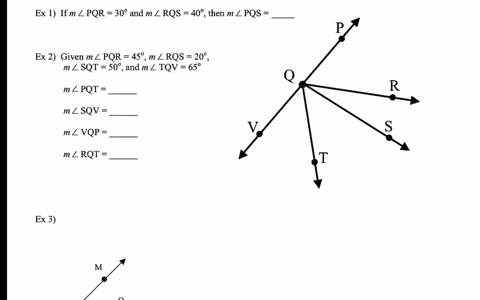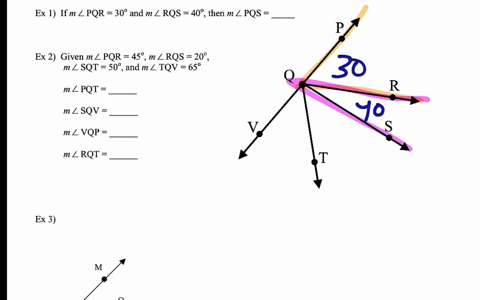So let's look at an example down here in example number 1. It says the measure of angle PQR is 30. I like to trace that out. PQR is 30. And it says the measure of angle RQS, so R to Q to S, is 40 degrees. And now I can see that it's asking me for the measure of angle PQS.